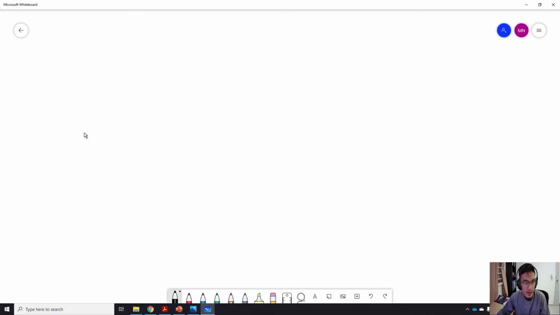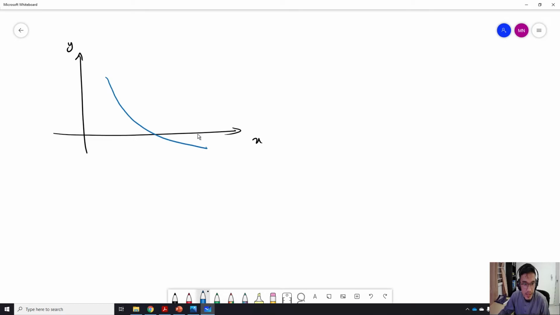Let's say we have a graph of x and y axis, and the graph has a root where it intersects the x-axis at y equal to 0. The root is where the graph intersects the x-axis at this point.